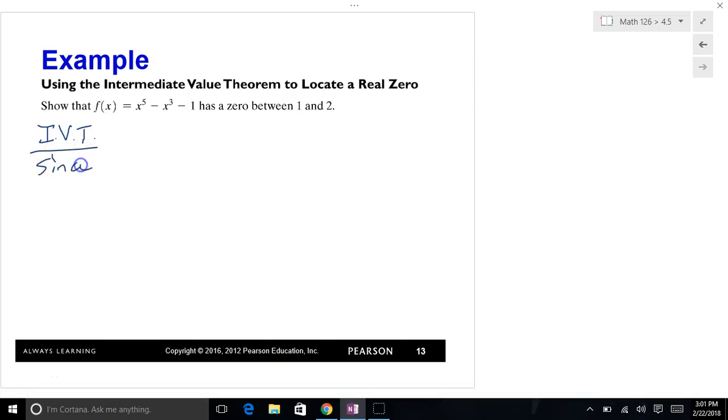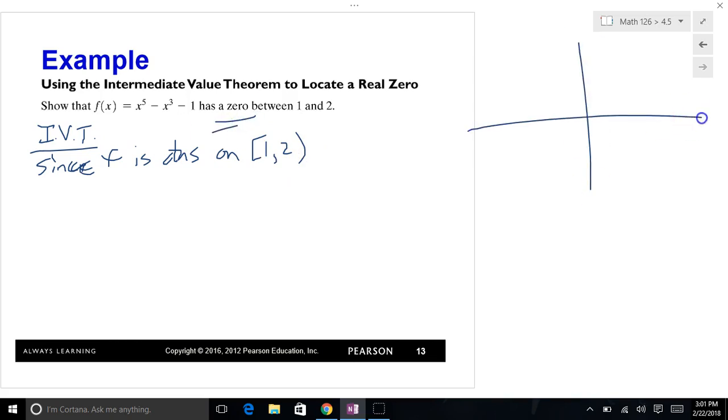Since f is continuous, because it's a polynomial, on this interval from 1 to 2, and we're trying to show that we have a 0, right?